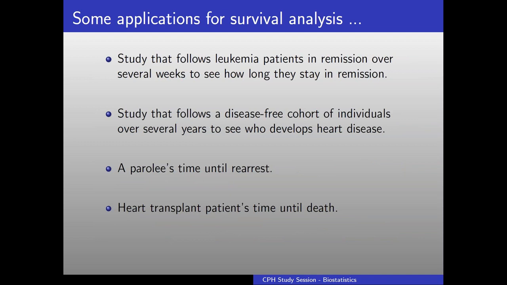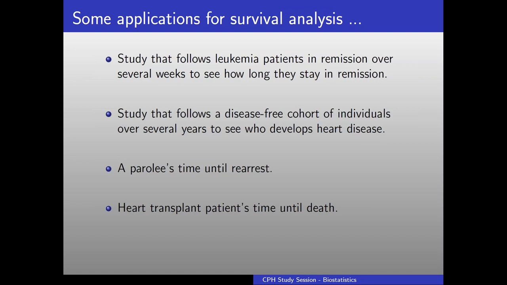Okay. Some applications for survival analysis. You might study leukemia patients in remission over several weeks to see how long they stay in remission. Or you might study a disease-free cohort of individuals over several years to see who develops a certain disease. Or you might monitor a parolee, so they are paroled from prison, and then time until they're rearrested.